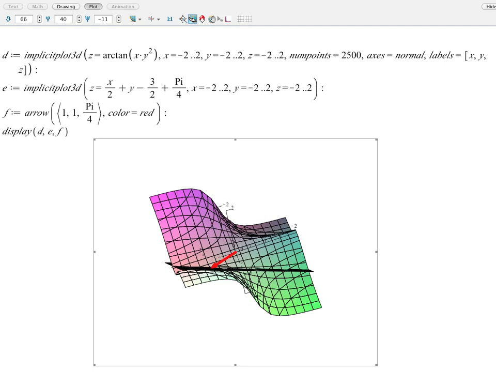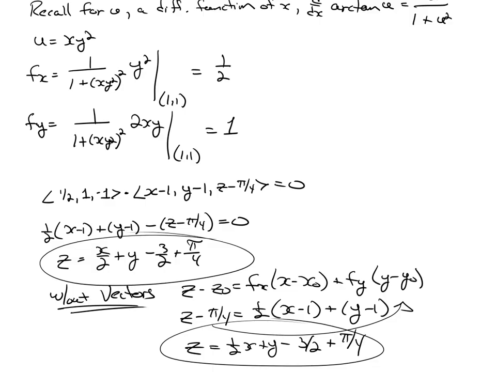But I really should take a look at that necessary or sufficient condition. If I go back and take a look at my partials, the point I'm interested in is (1, 1). Looking at my partials, I have 1 plus something squared, so this is always going to be positive.